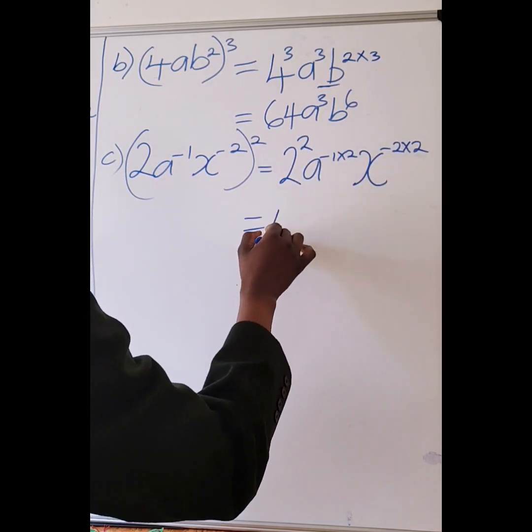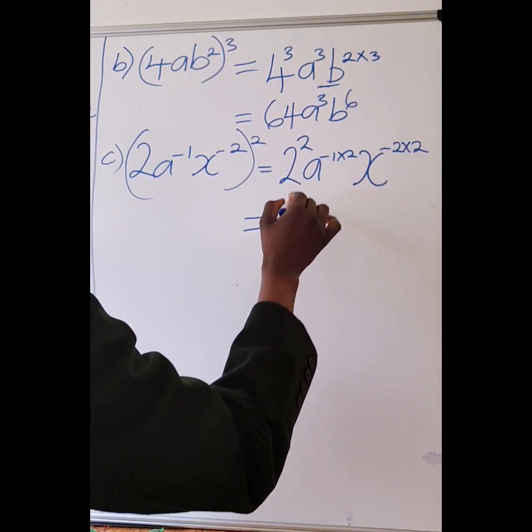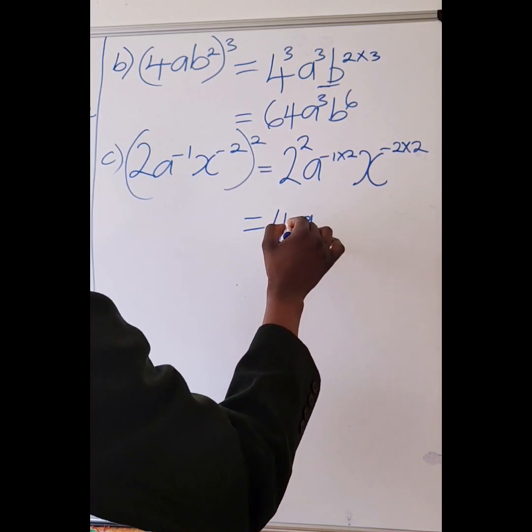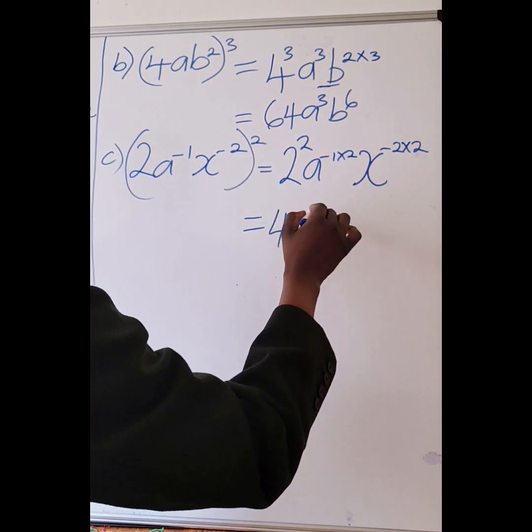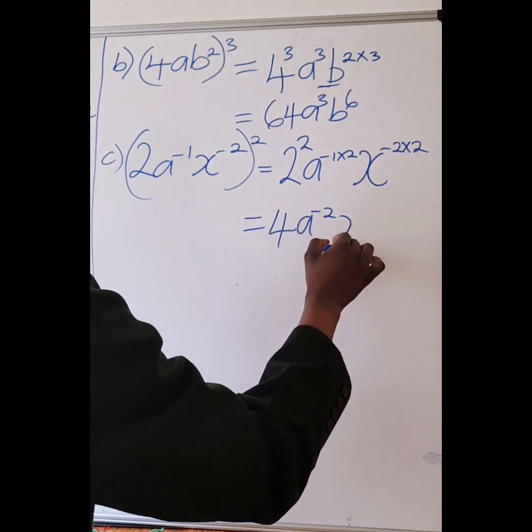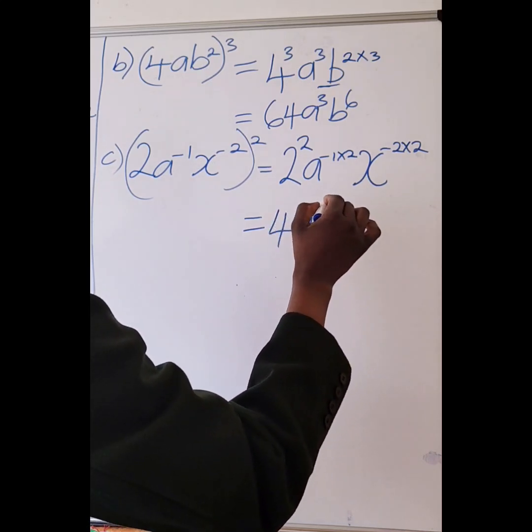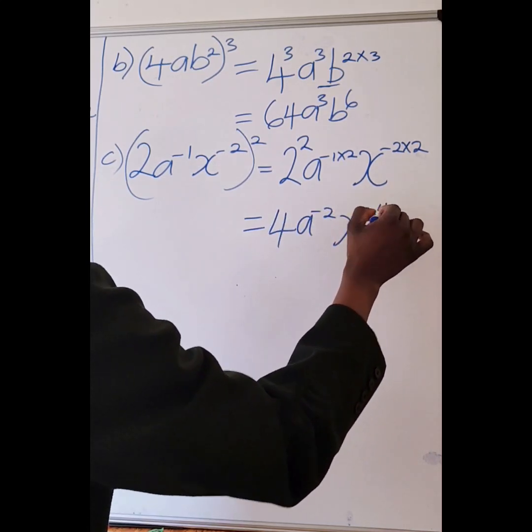So 2 raised to power 2 gives us 4, a raised to power minus 1 by 2 gives us minus 2, and x raised to power minus 2 by 2 will give us minus 4.